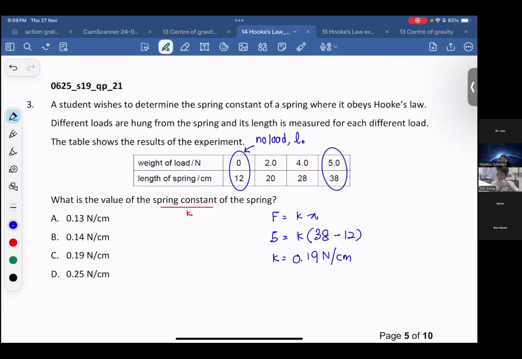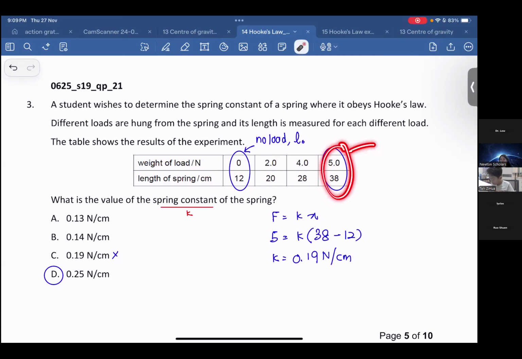My answer is no. The answer is not C. Why not C? Teacher, you counted everything and it seems to make sense. But my answer is D. Why D, dear? If you use 5 Newton, we don't know whether this force already exceeds the limit of proportionality. Is the spring already spoiled at 5 Newton?